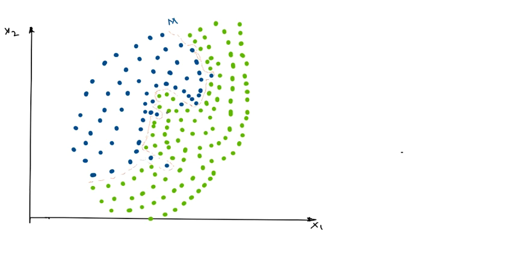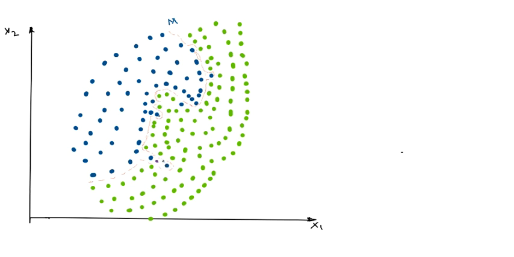So suppose a point comes over here. Let's say this point comes over here, and we want to classify it as blue or green. Then my current model M will classify this as blue. But intuitively we can see that it should have been classified as green, not blue, because these two blues look like outliers, right?